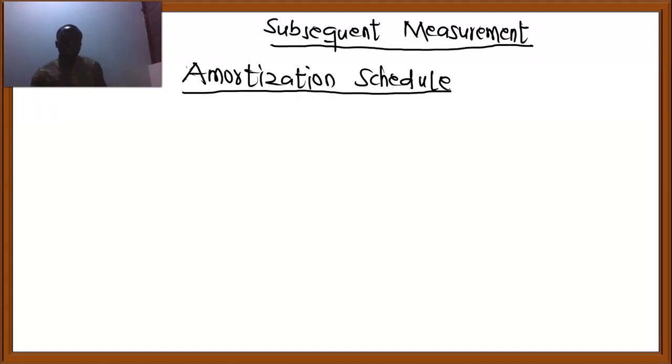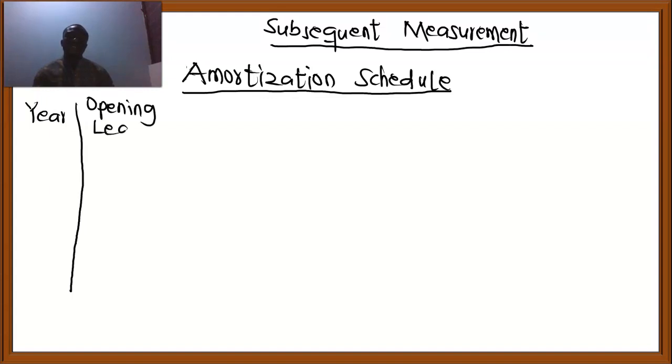In preparing our amortization schedule, we begin with the year. So we have year. We have opening lease liability. Then we have our finance cost.